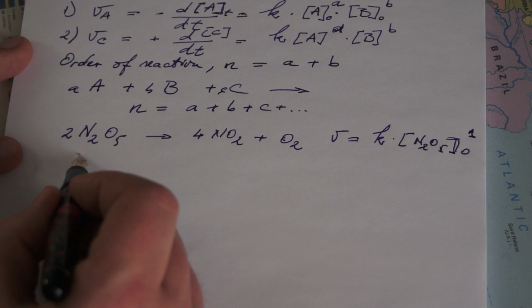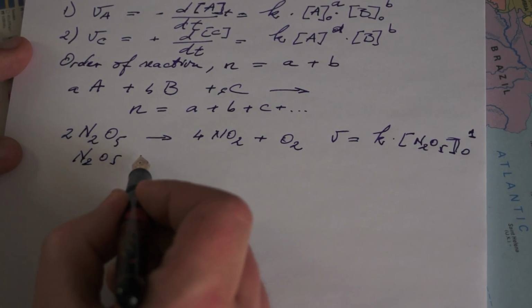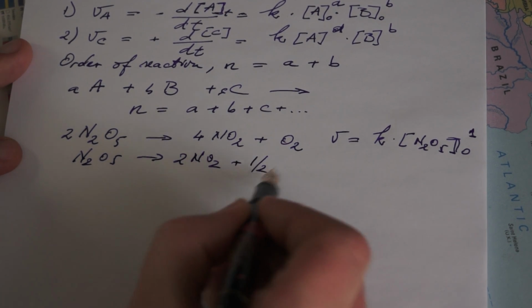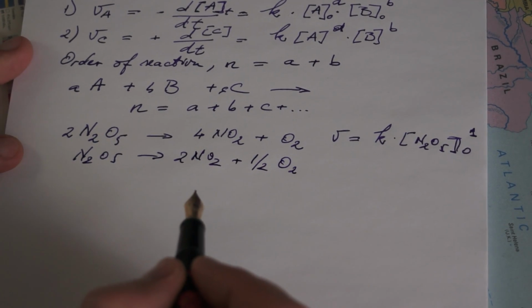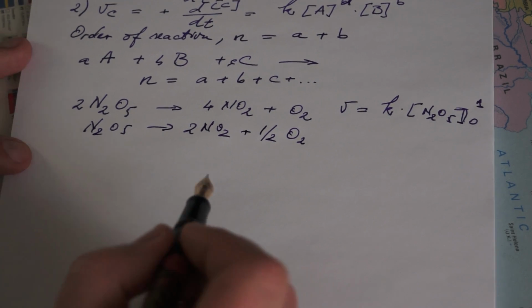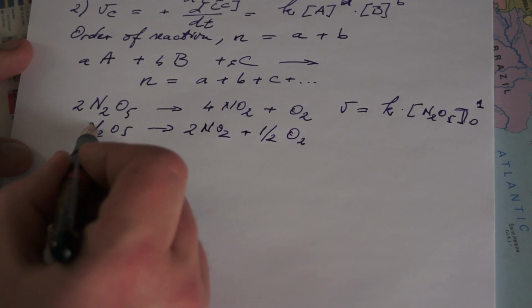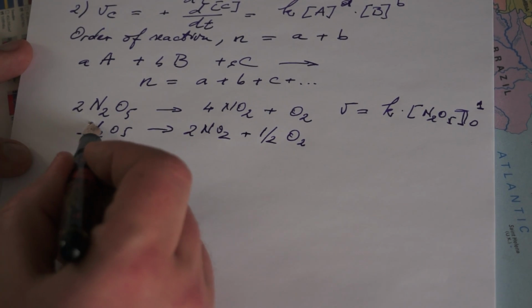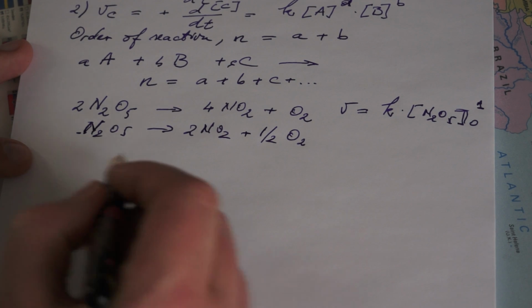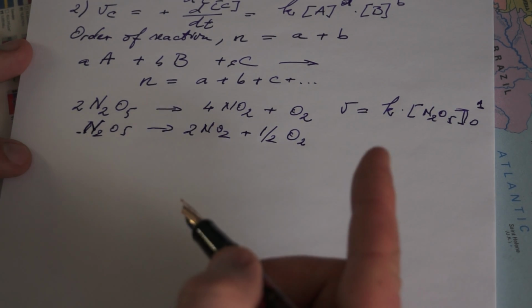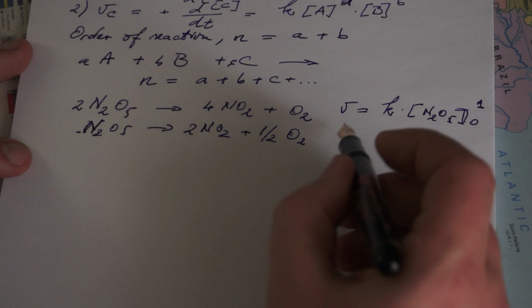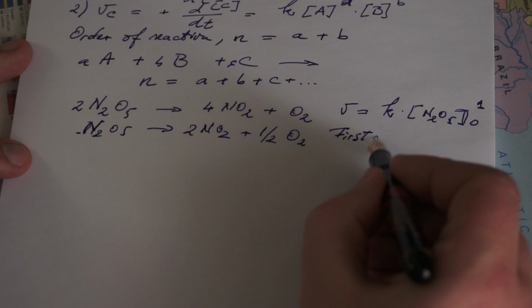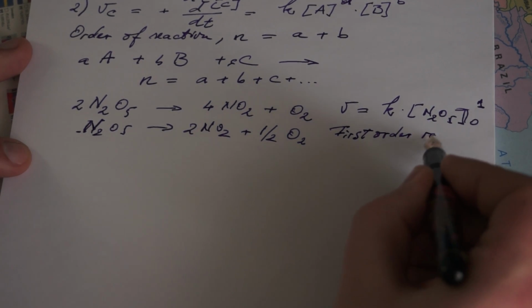So we can rewrite the reaction as N2O5 decomposes into NO2 plus 1/2 O2. That means this is a simple decomposition reaction, and one single molecule is sufficient to produce this decomposition. I don't need two reactant molecules. So this is called a first order reaction.